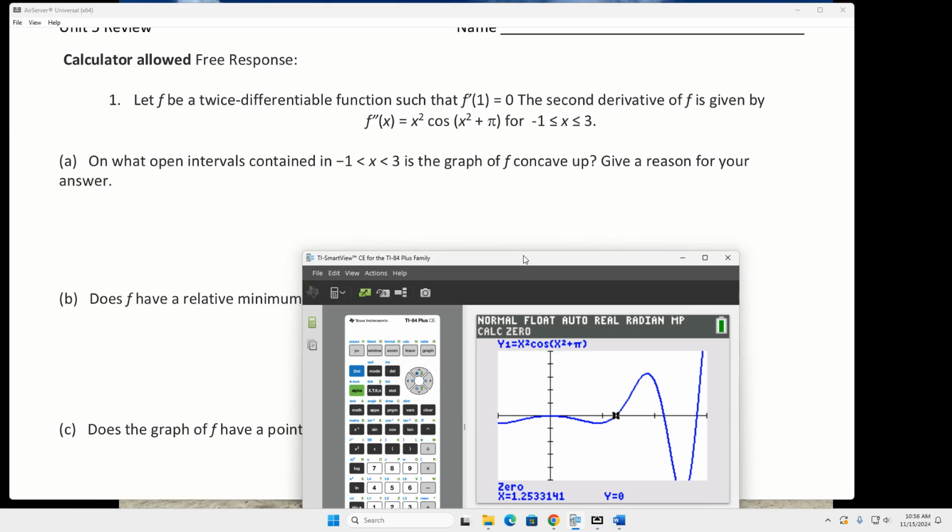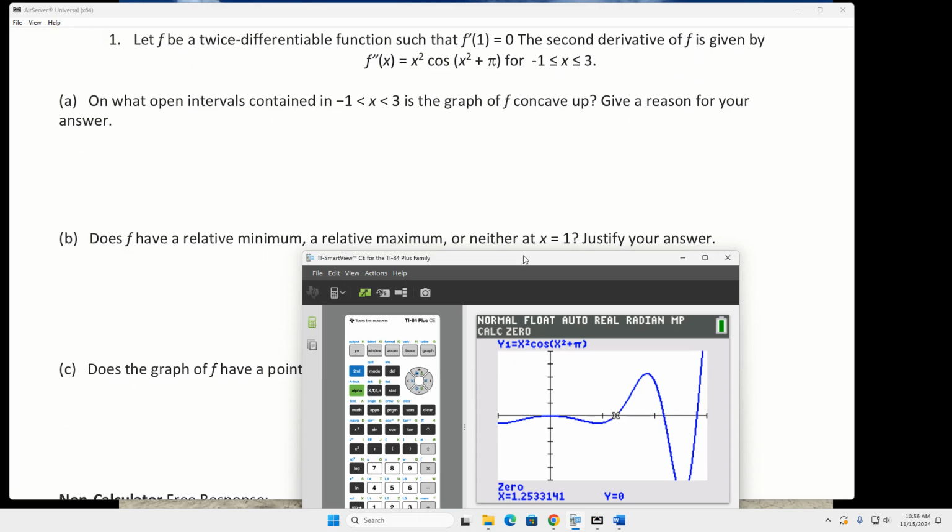Okay, we're going to start writing that f is concave up on, and then we are going to try to remember to do parentheses if it says open intervals. And so it starts off at that number accurate to 3 decimal places. All right, and then we'll do it again.